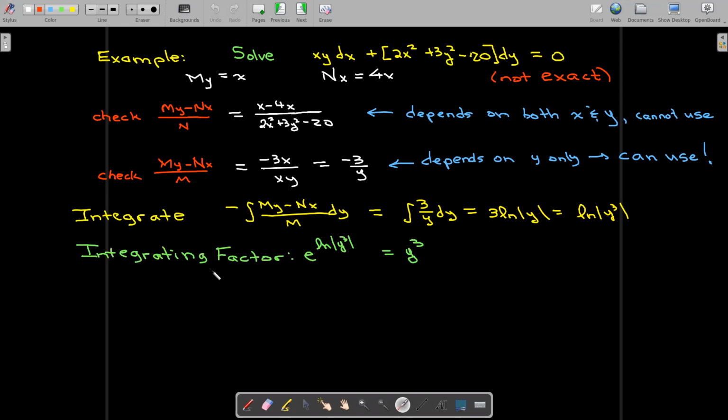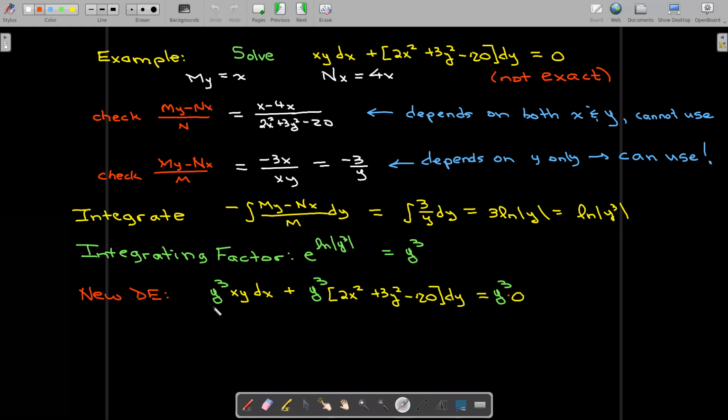So my integrating factor would be e raised to the power of the formula from that integral, and that will give me y cubed. So now my new dE, I get that by multiplying every term by y cubed. And that gives me this new differential equation.